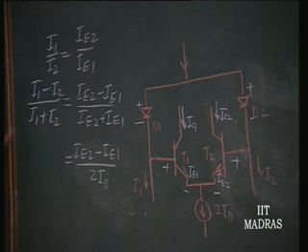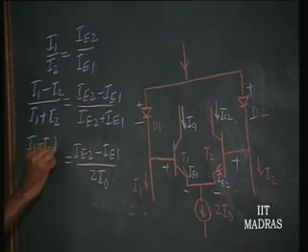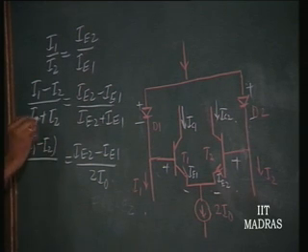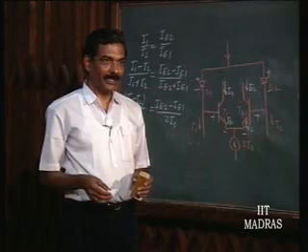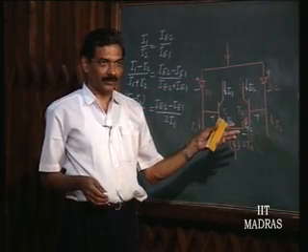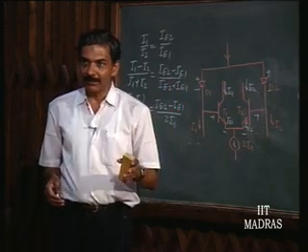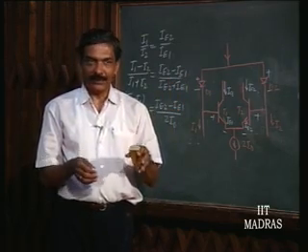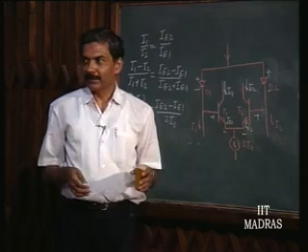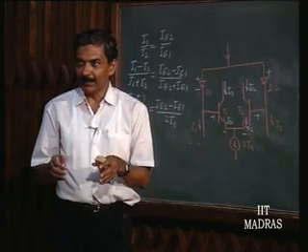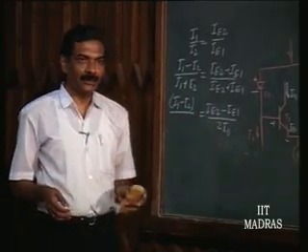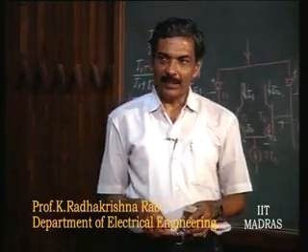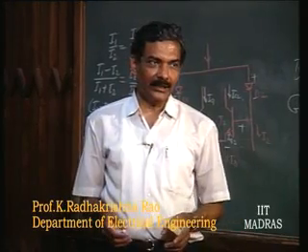So, we are able to obtain a differential output current if this signal itself is coming as a differential current signal. How do we achieve that? Using a transconductor, I told you. If I can make I 1 equal to some DC current plus V x by R x, and I 2 equal to the same DC current minus V x by R x, then I can get I 1 minus I 2, which is twice V x by R x, and I 1 plus I 2, which is a DC current.